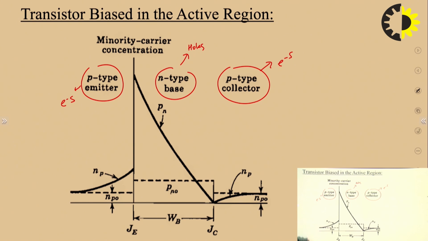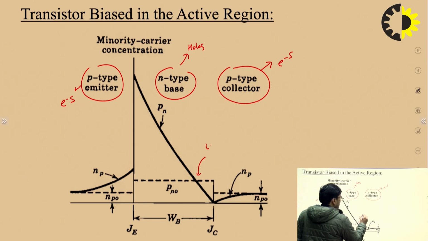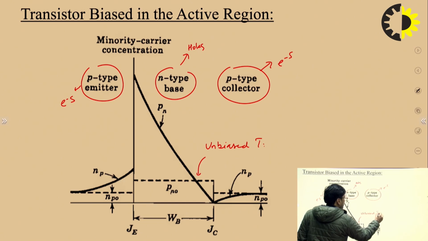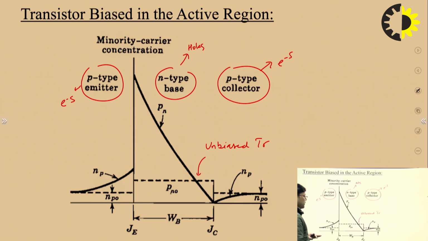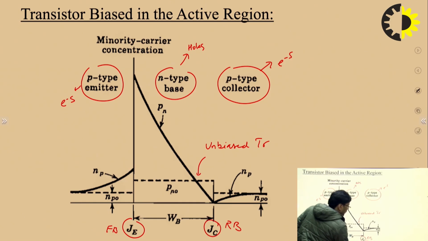Again in the P, minority carriers are electrons. So here you can see, the dotted line is representing the unbiased case of the transistor. So when we talk about the active region, this junction is in forward bias and this junction is in reverse bias.